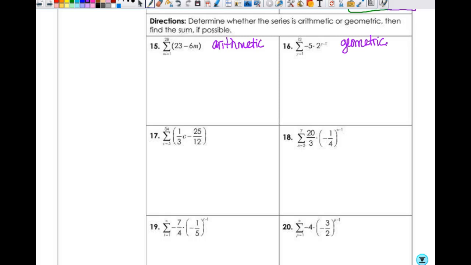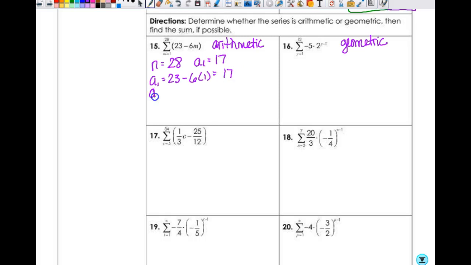All right, so it's arithmetic. In order for me to find this sum, I'm using this one, and I'm going to use it correctly this time. The things I need: n. What is n here? 28. I need the first term, so I'm going to substitute 1 in, and I get A1 is equal to 23 minus 6 times 1, which is 17.